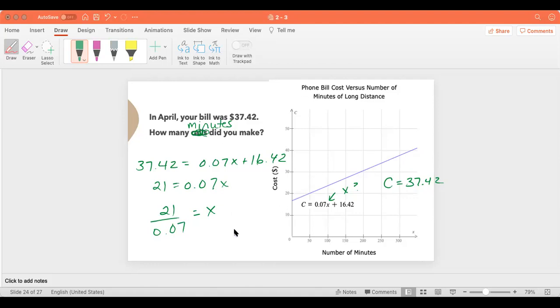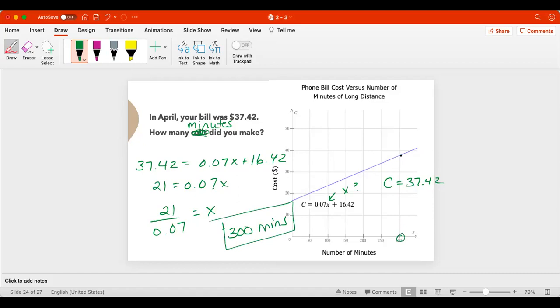And we'll get 300. So 300 minutes. Let's see if that makes sense. 300 minutes is here. And this is bigger than, I think this is about half. So I would say, yeah, that makes sense, right? Somewhere between 30 and 40, and it's bigger than 35. So it does look like it's around 37.42.